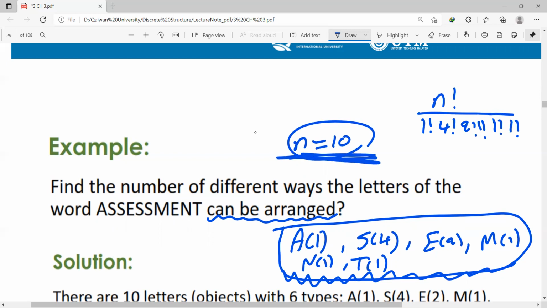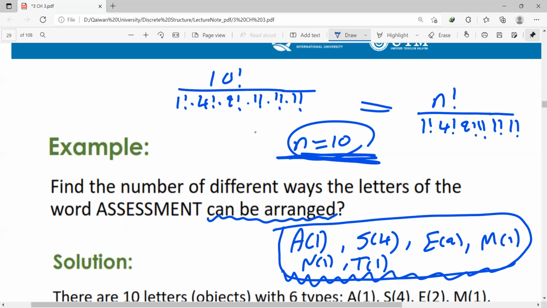N is the number of letters here, which is 10. So it equals 10 factorial dividing by 1 factorial times 4 factorial times 2 factorial times 1 factorial times 1 factorial times 1 factorial.